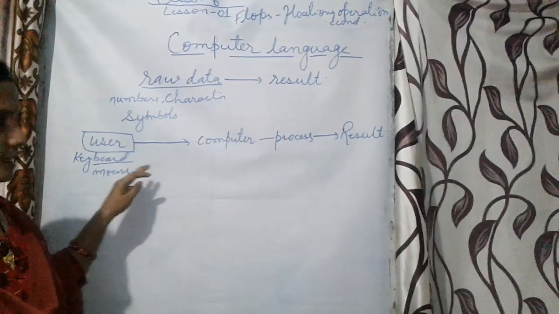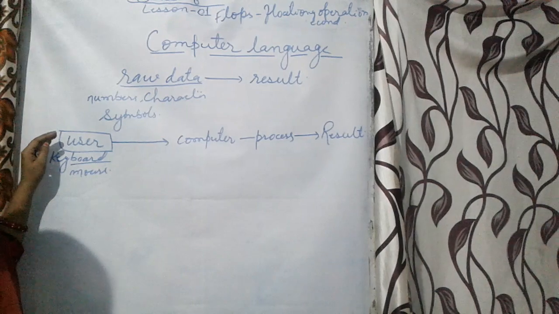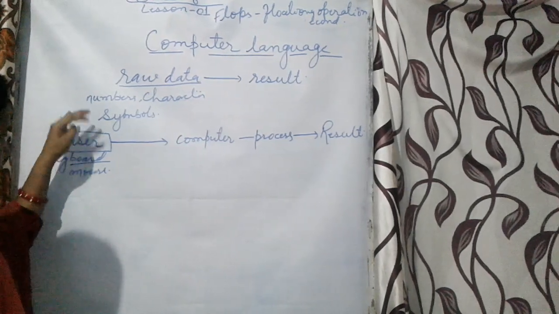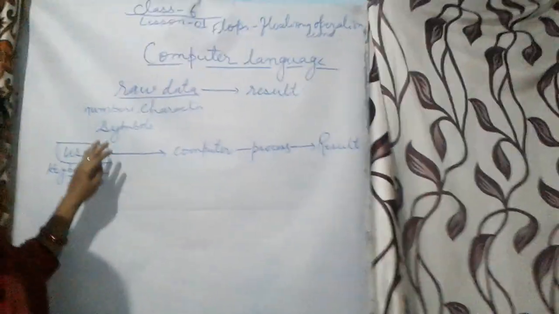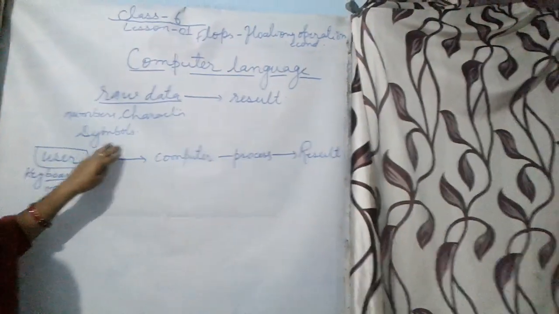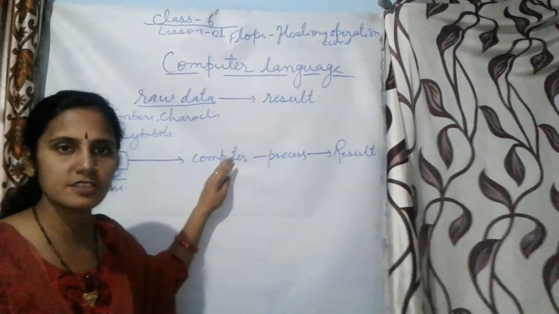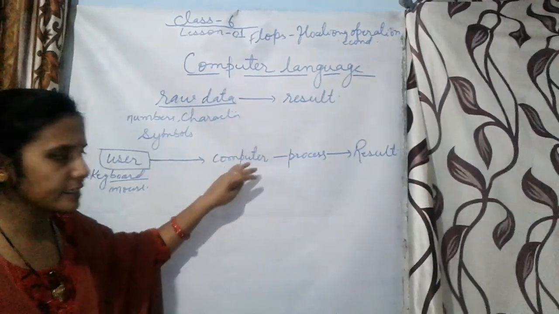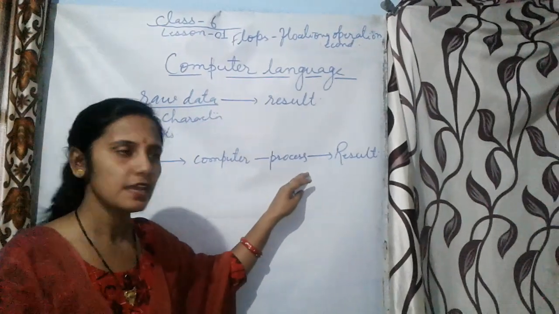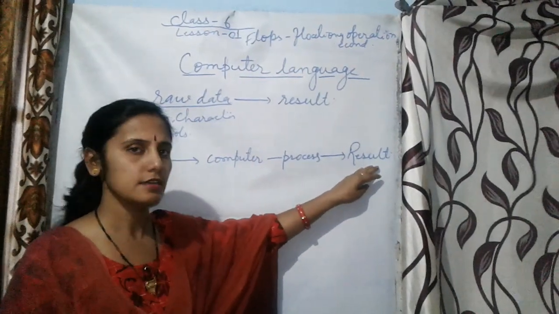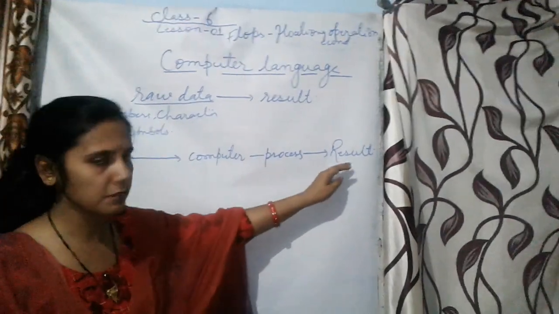That means the user uses some language, and according to that language, those symbols, characters or numbers, the computer takes it as an instruction, and after taking this instruction, it starts a process inside the CPU, and then it gives us a result. So this is the hierarchy to get the result.